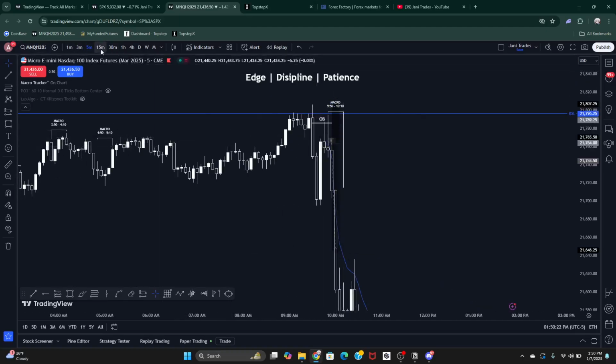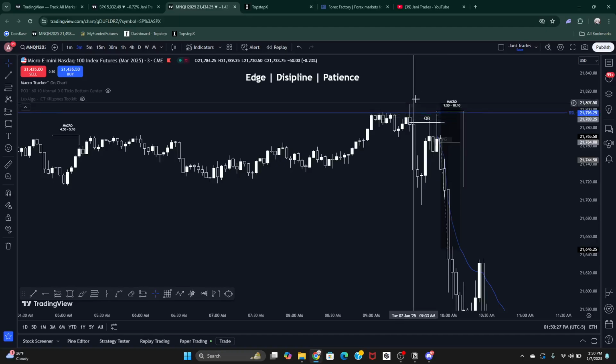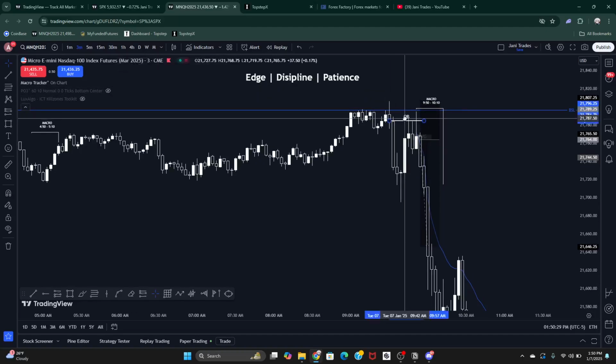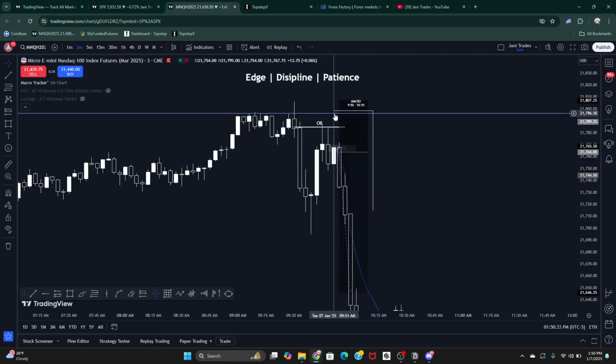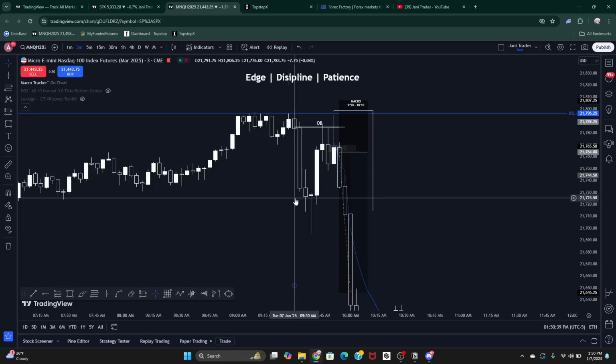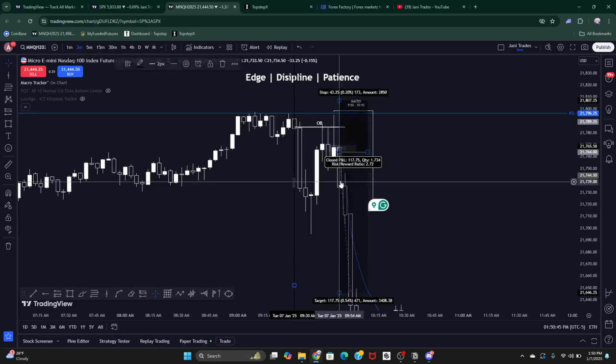But yeah, we scale down to the 3 minute. We see we have a bearish order block here. So I just marked this out on my 1 minute. And I'm going to mark out New York open 9:30. Yeah, so this is New York open right here.